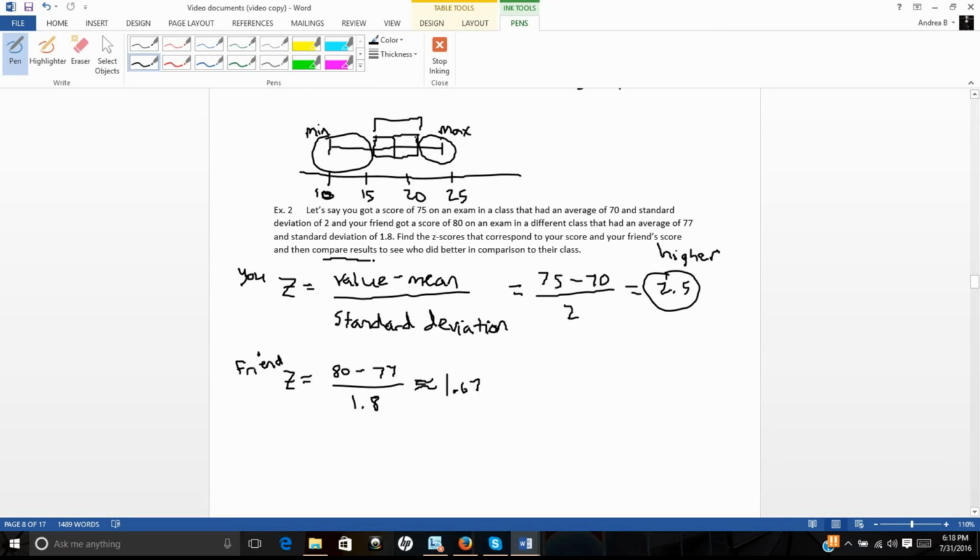We wanted to compare results and see who did better in comparison to their class. So your friend may have scored a higher score overall, but in comparison to your class, you did better. So just an idea in terms of how you can use that z-score other than just define the calculation there.